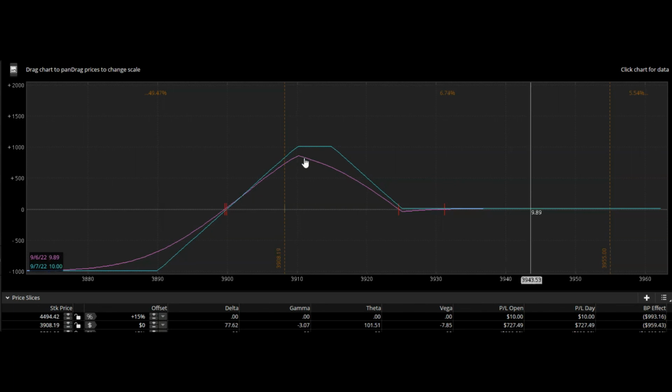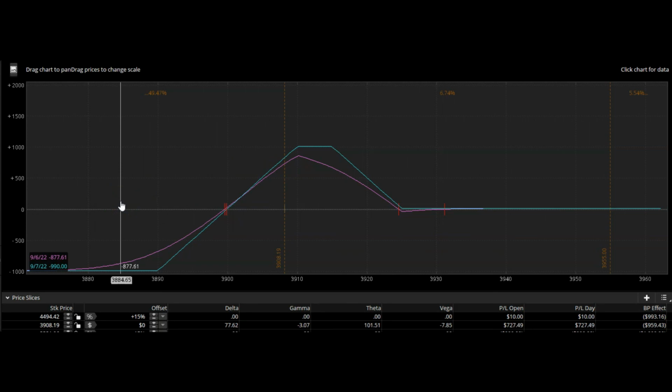This means we take away $1.45 from $10, which is the max value of the 39.25, 39.15, and we end up with the value of this position at the close of $8.65. So we have an $865 profit in this trade.